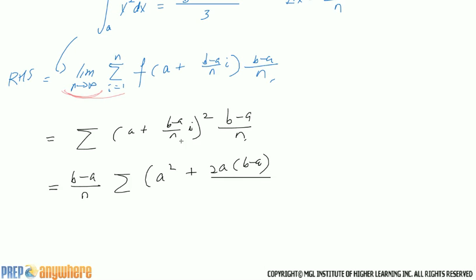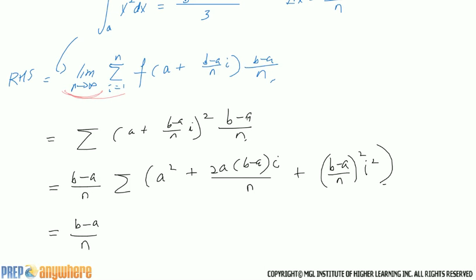Okay, let's expand the bracket. Okay, and I'm going to use distribution to write this as 3 separate sums of sigma. So, see this? 2a, everything that's not i, I'm going to put at the front.